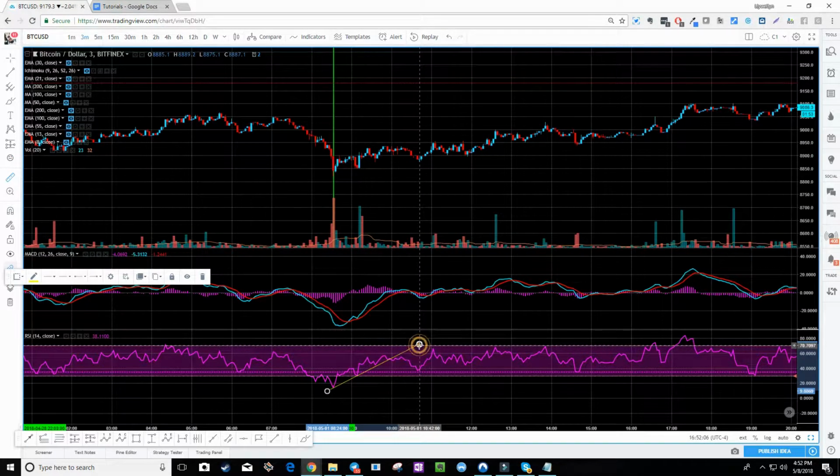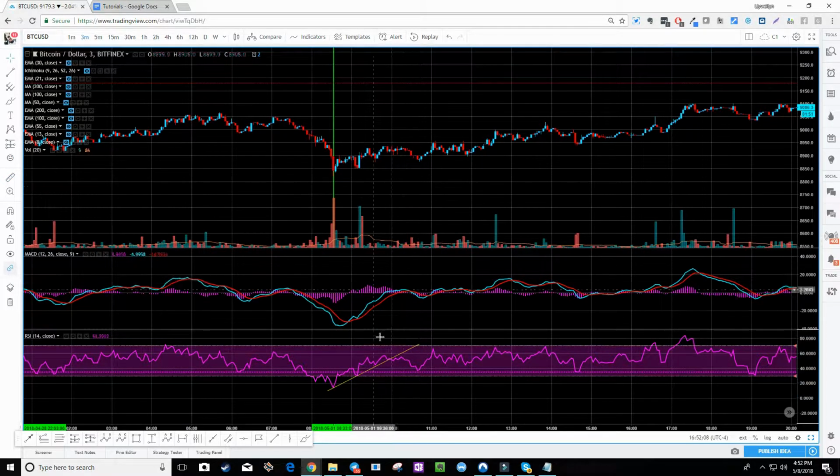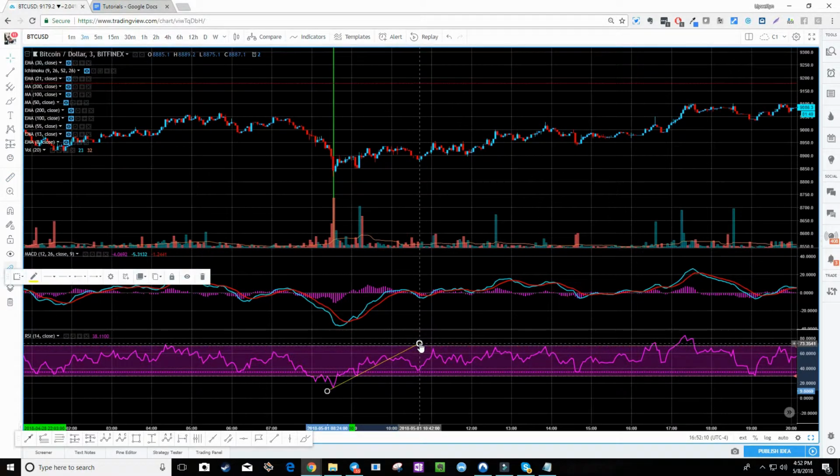That's kind of the by the book way we could draw this line. The other way I do it, and I guess this is by the book too, is I'll wait until RSI and price together create a new movement. So here we see these little spikes in RSI, but we're still kind of in the same trend.